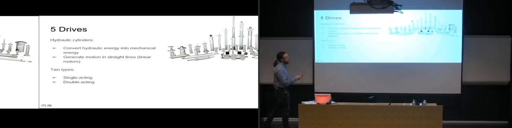And cylinders come in all shapes and sizes. You can buy them directly from the suppliers in almost any shape or size, but you can also specifically design them to fit completely perfectly into a system.